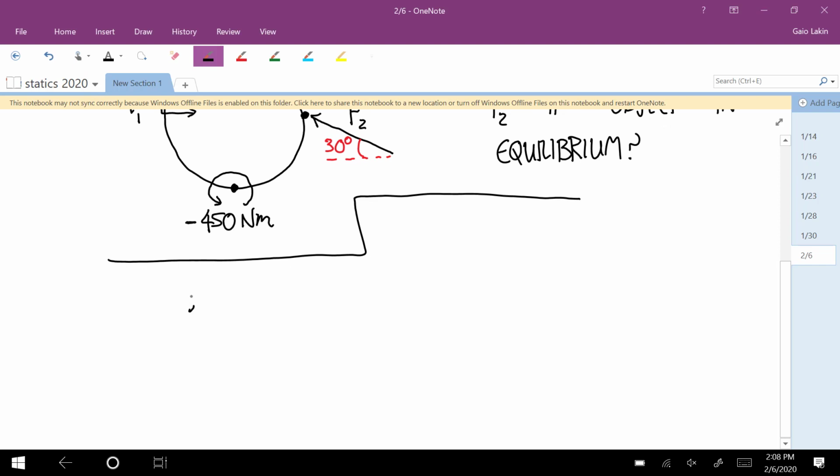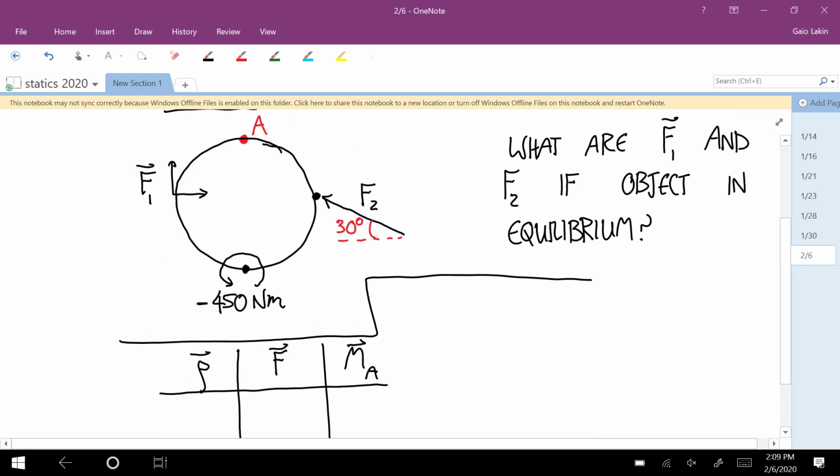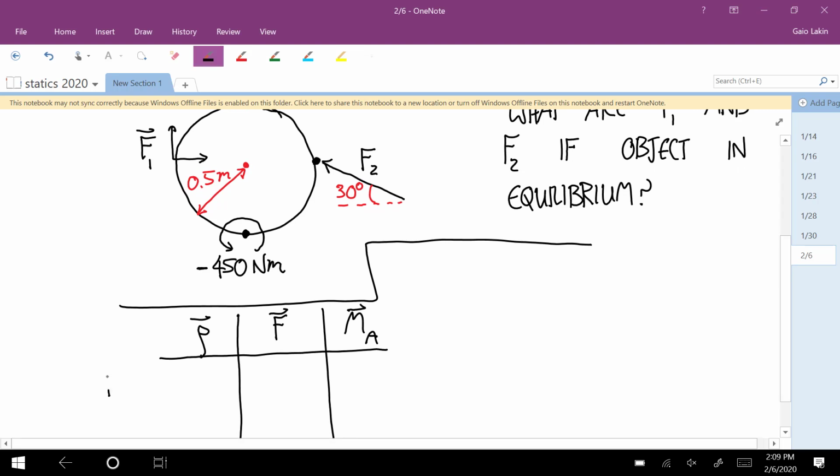So I'm going to set up this table with rho, force, moment. And we need a radius for this. Let's say that the radius of this disk is 0.5 meters. Okay, so I'm going to start with the force F1.